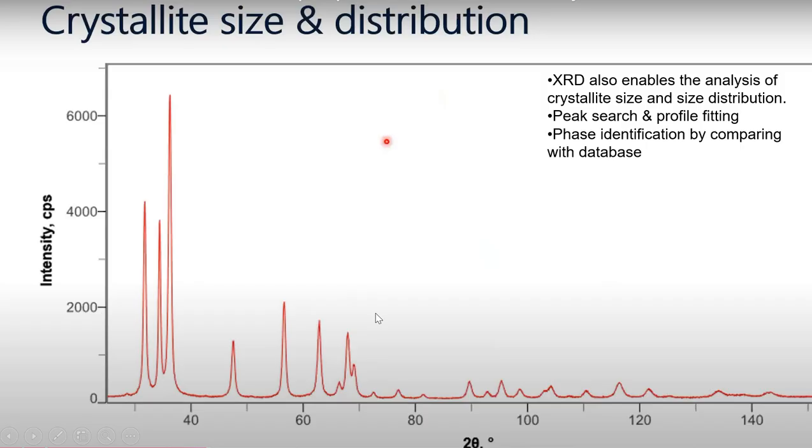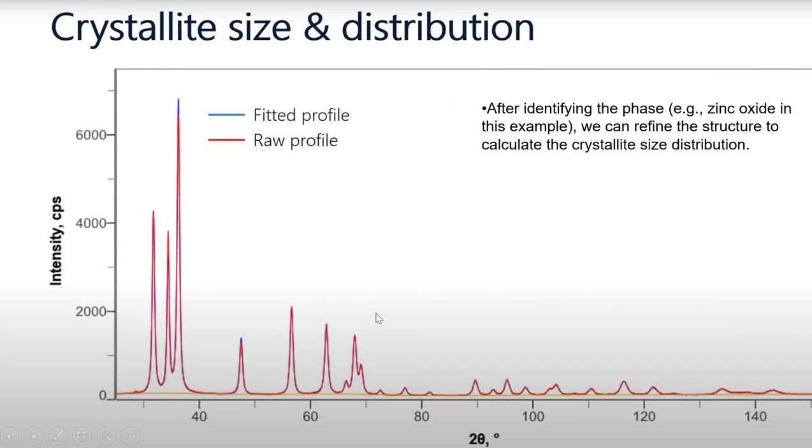Our another application is crystalline size and distribution. The XRD also enables the analysis of crystallite size and the size distribution. First, we have to do peak search and profile fitting. Then we have to do phase identification by comparing this with a database. After identifying the phase, we can refine the structure to calculate the crystalline size distribution.